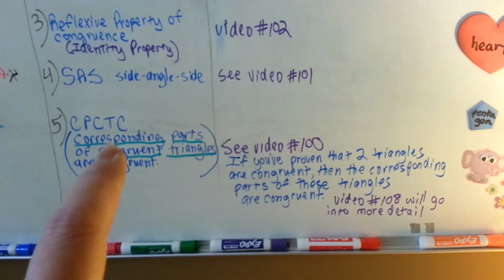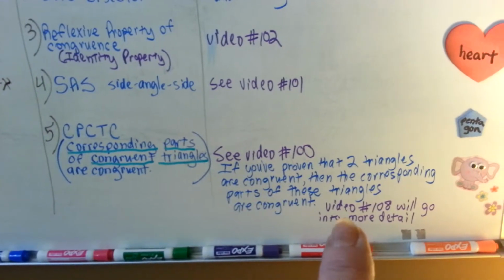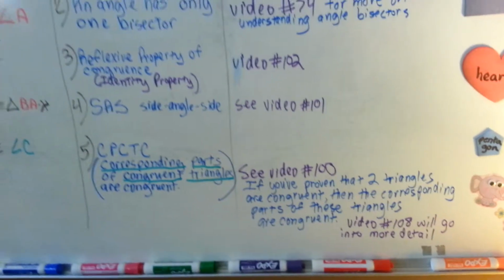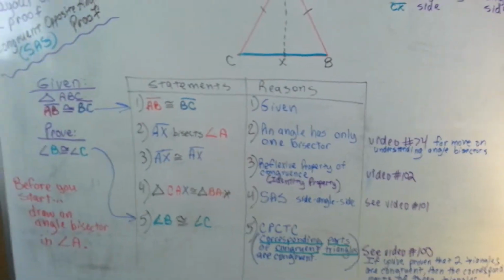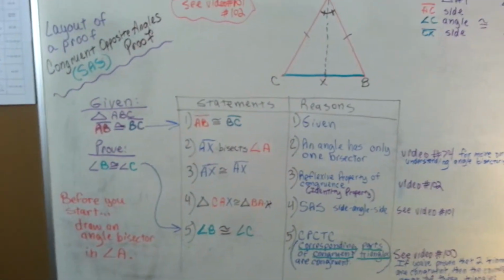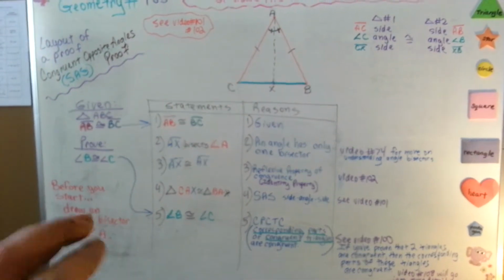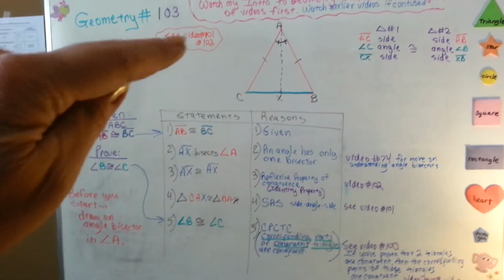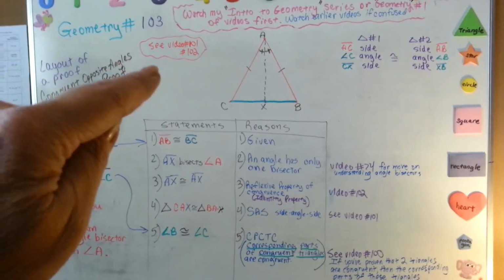I'm going to go into more detail about CPCTC in video number 108, coming up. So you might want to watch that one too. But this is how you do the layout of a proof for congruent opposite angles. And this video built up from the two previous ones, even back to number 100 for corresponding parts.